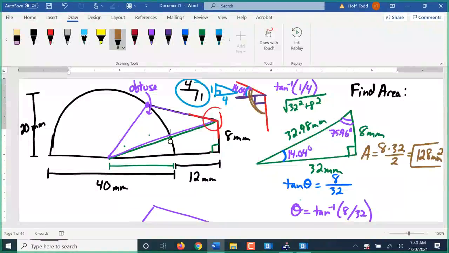What'd you get? 104. 104, good. 90 plus the 14.04, yes, 104.04 degrees. So that means this whole angle is 104.04, which means we can now find this angle here.